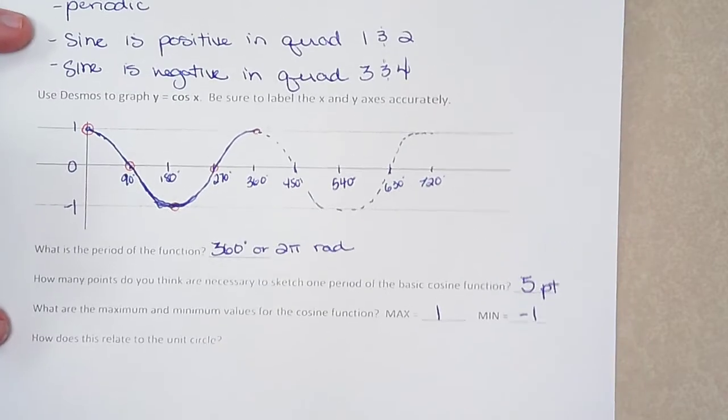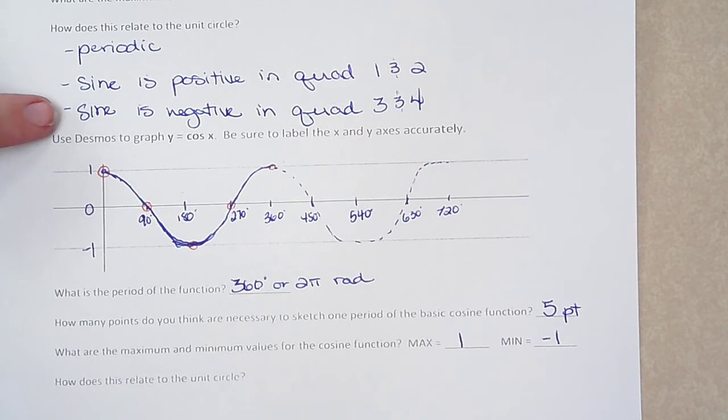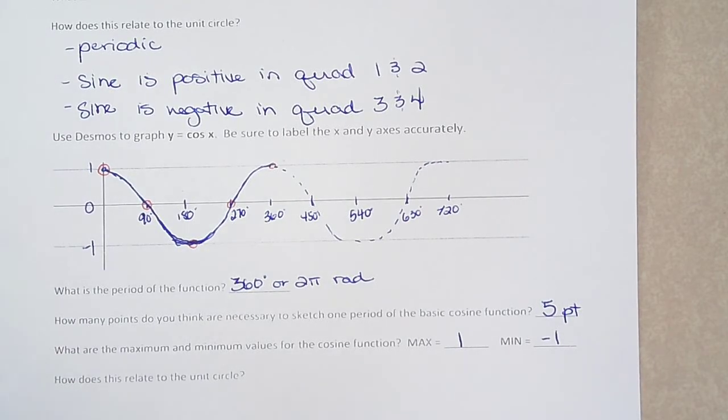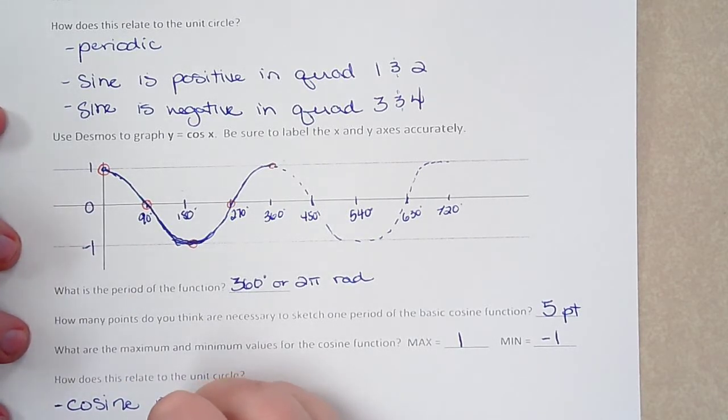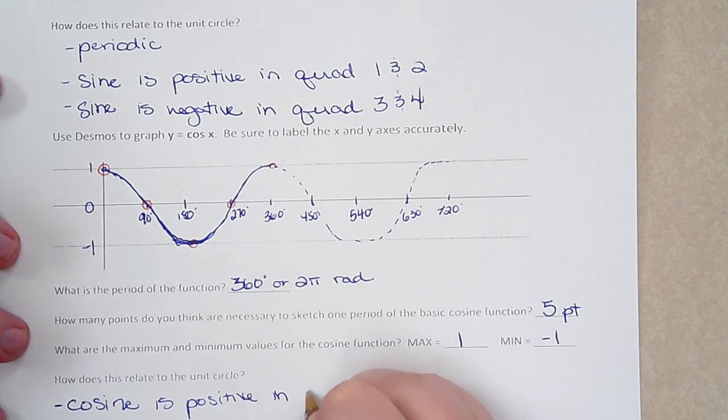It's periodic. But the difference is sine is going to be positive in quads 1 and 2 and negative in 3 and 4. But cosine is positive in 1 and 4.